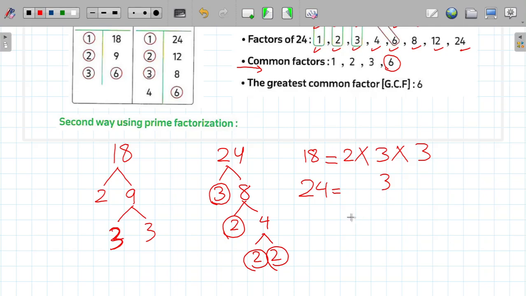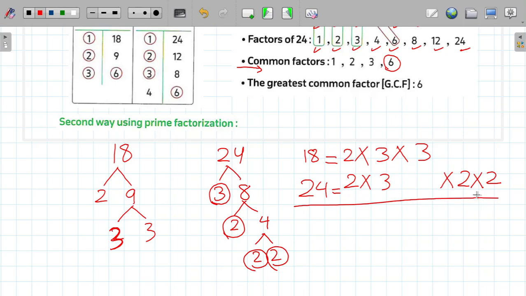So I will write 3 right here. Next I have 2. So I will write 2 under 2 like this here. Okay, next I have two twos, but I don't have any twos in the first number, so I will write the two twos after 3, so it will be like this.